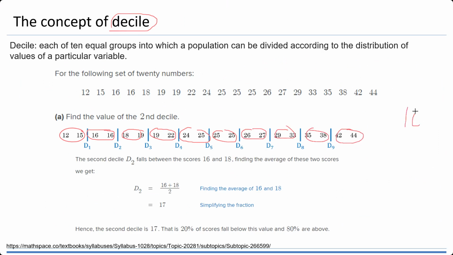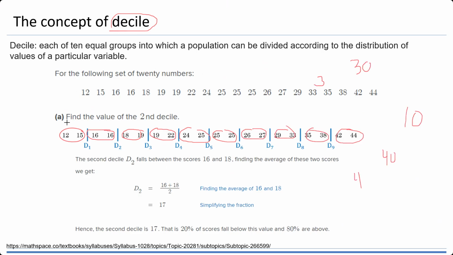Okay, so we want to make 10 groups of data. So if we have 30 data, each group will have 3. If we have 40 data, then each group will have 4. Okay, so we want to make into 10.